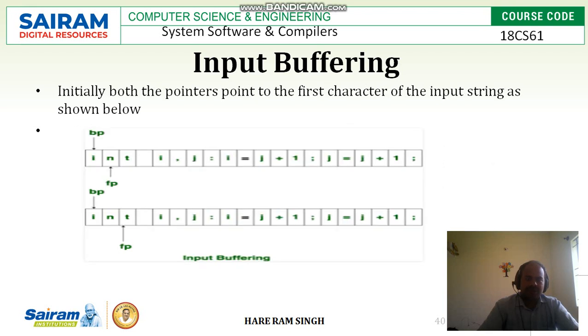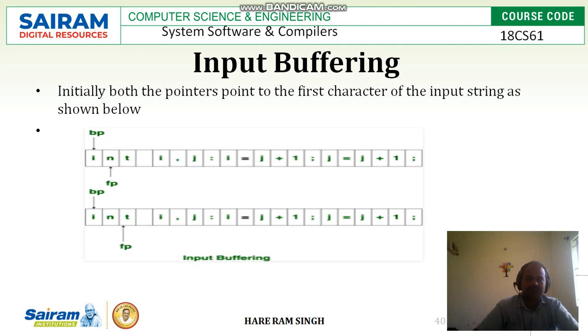Next, FP will move one character at a time. So here it is moving. In the next step, FP has come to N. In the next step, FP has come to T. It will keep on moving till it encounters a blank space.